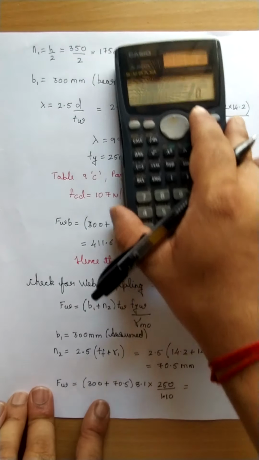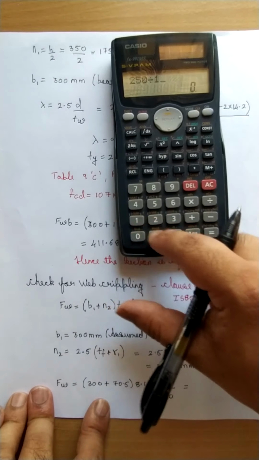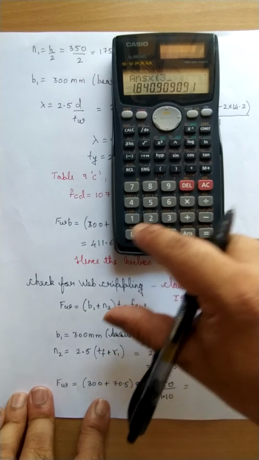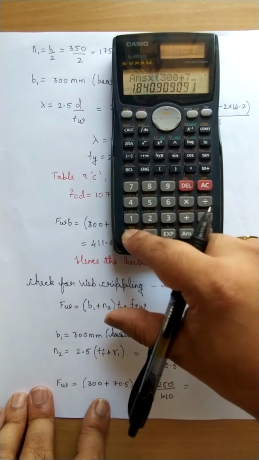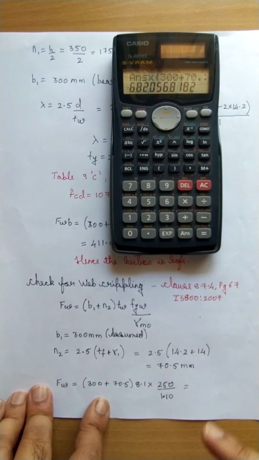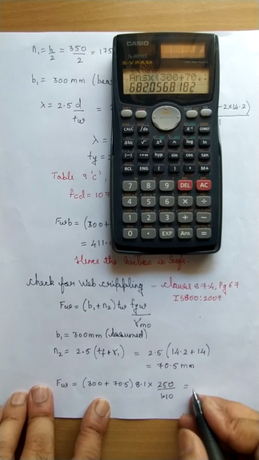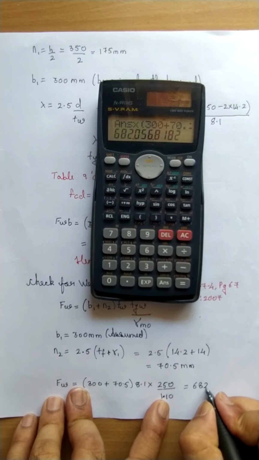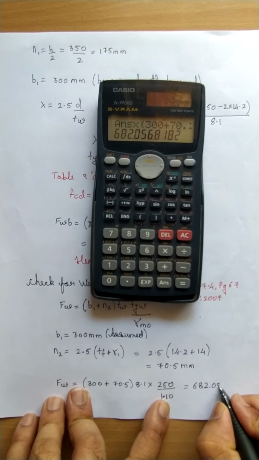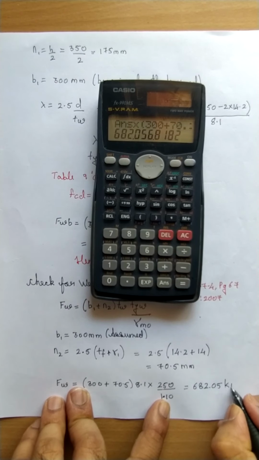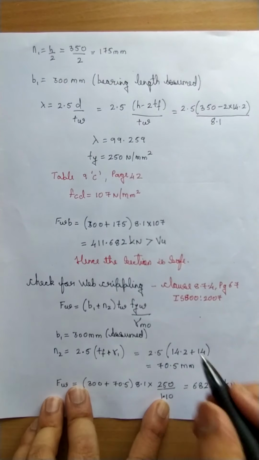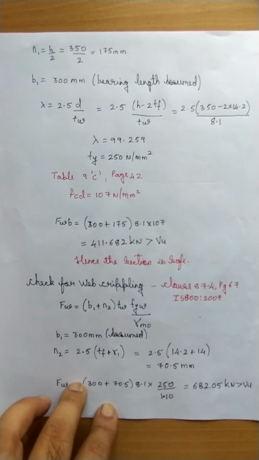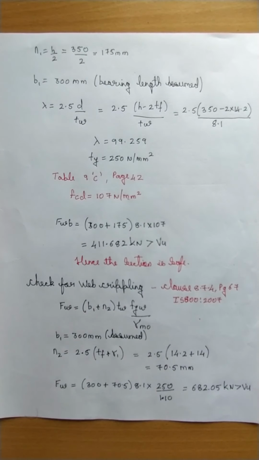So this is 250 divided by 1.1. This is working out to be 682.05 kilonewton. Now again, this is greater than VU. Hence I will write the section is safe.